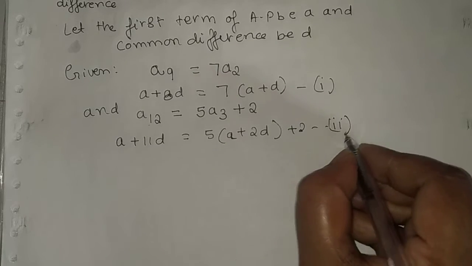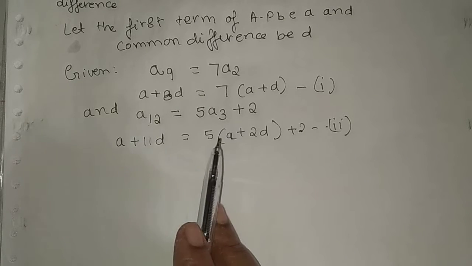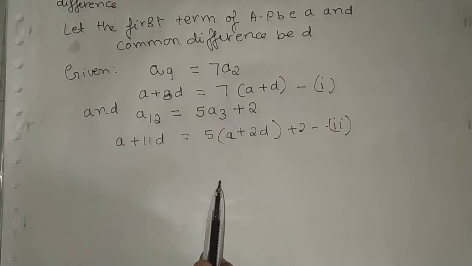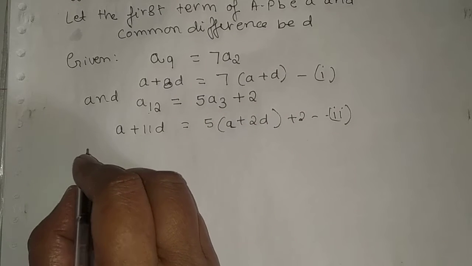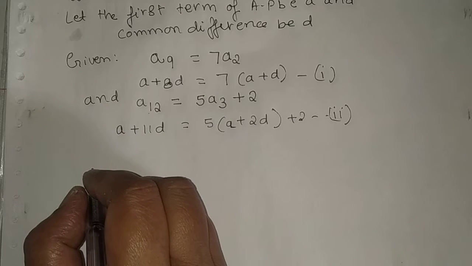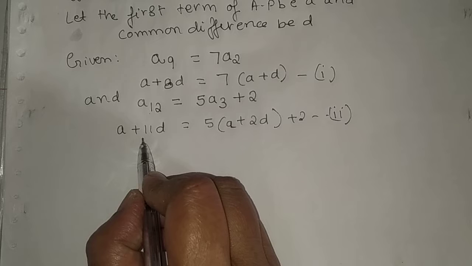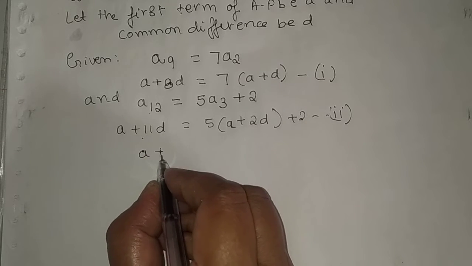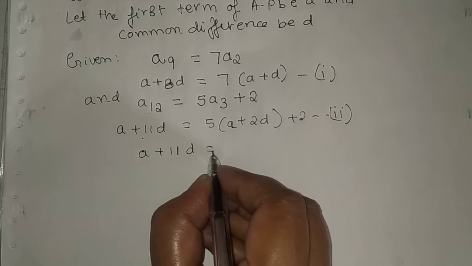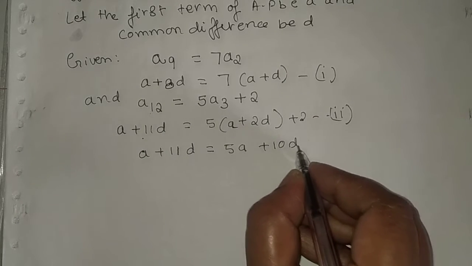So by taking the two statements in the question, we got the first and second expressions, 1 and 2. So now we solve this. A plus 11D is equal to 5A plus 10D plus 2.